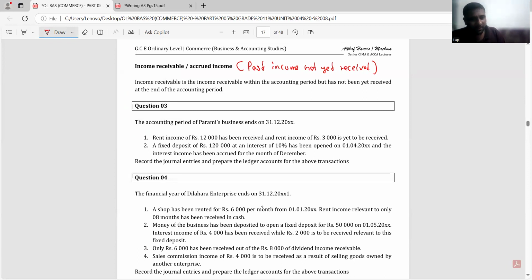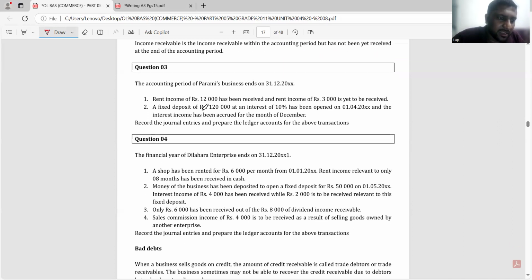Other incomes, like dividend income, rent income, interest income from fixed deposits, commission income. If you have those kind of past income not yet received, how to record it, how to do the adjustment is what we are going to study. So let's get that understanding through the next question, Lamai.